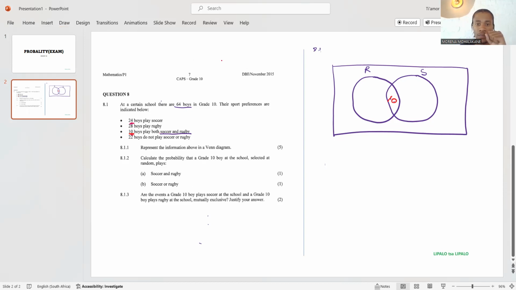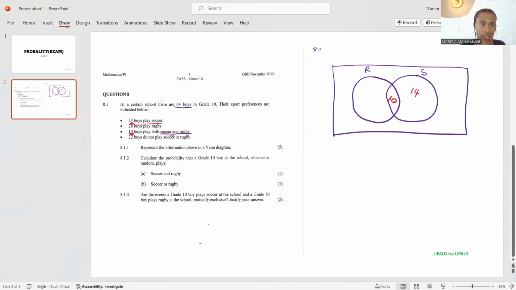So in this 24, you have also the ones that play soccer and rugby. So in total here, there has to be 24, right? So it means I'm short with 14. I need 14 because in total, 24 boys play soccer. Within the 24, there are 10 that play both soccer and rugby.